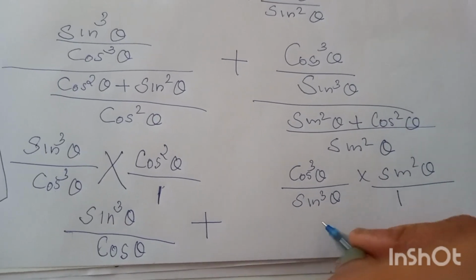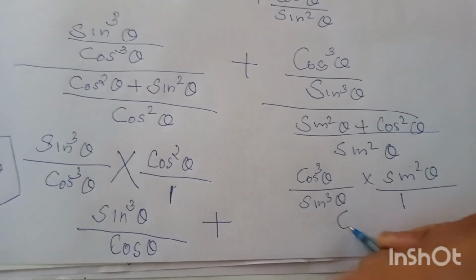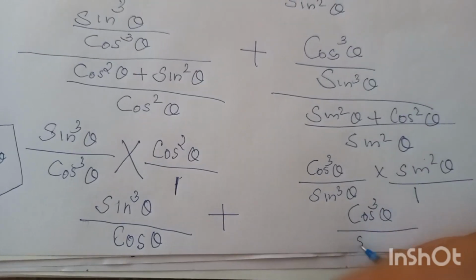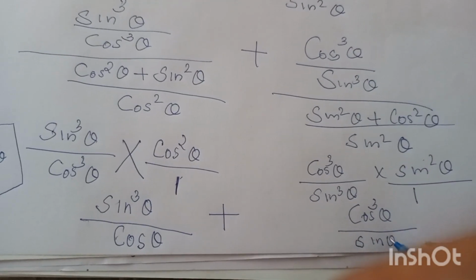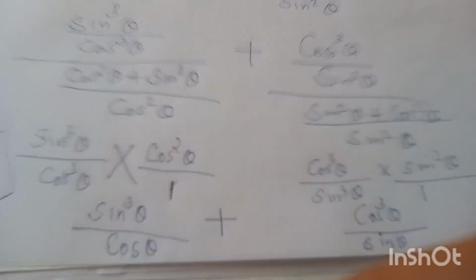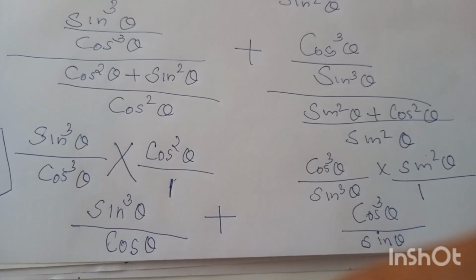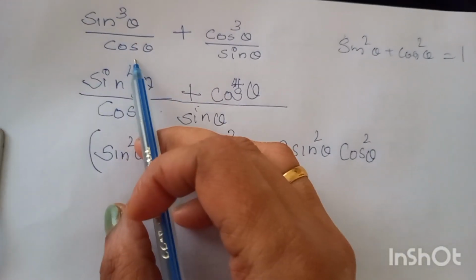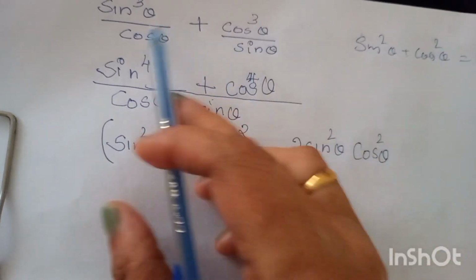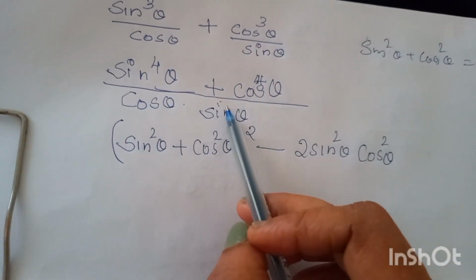Simplifying, we get sine square theta, cos cube theta by sine theta. So sine cube theta by cos theta plus cos cube theta by sine theta. So take an LCM, we get sine raised to 4 theta plus cos raised to 4 theta whole divided by cos theta sine theta.